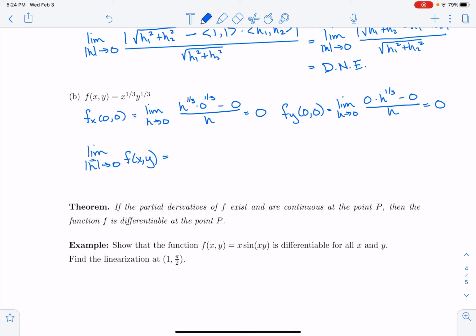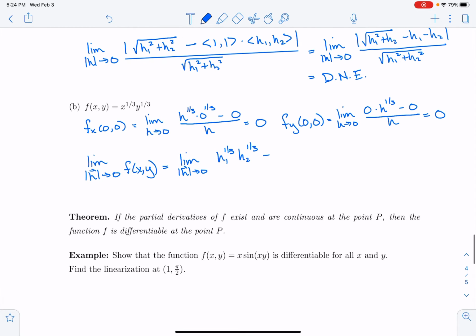Well, that's going to be the limit as the length of h goes to 0 of h1 to the 1/3, h2 to the 1/3, minus our gradient, which was 0, 0, dotted with h1, h2.